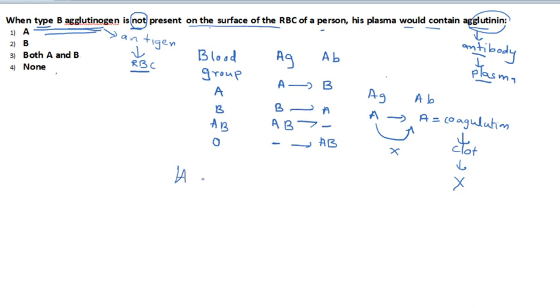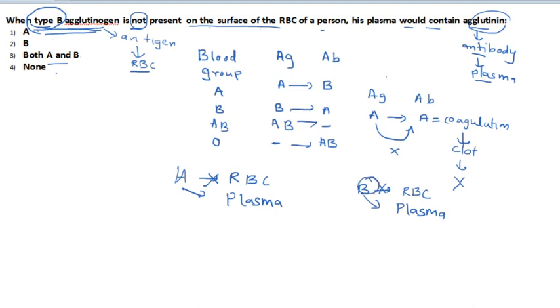If A is not present on the RBC, it has to be present in the plasma. Similarly here we are solving for the B antigen. So when the B antigen is not present on the RBC, it will definitely be present in plasma. We cannot surely say if both A and B will be present, but we can surely speak about B.